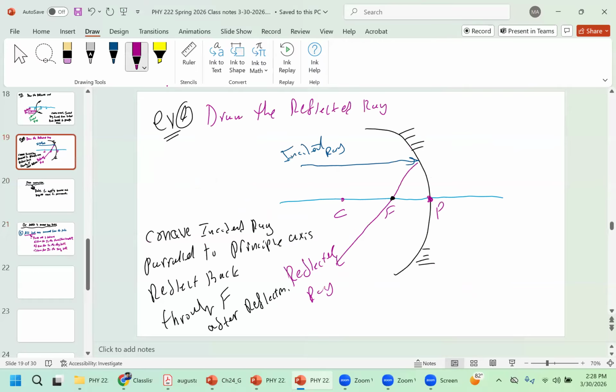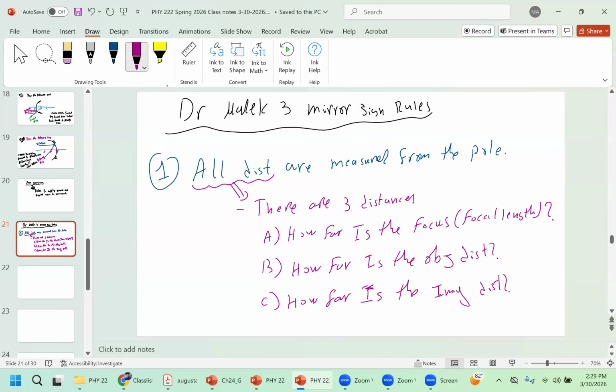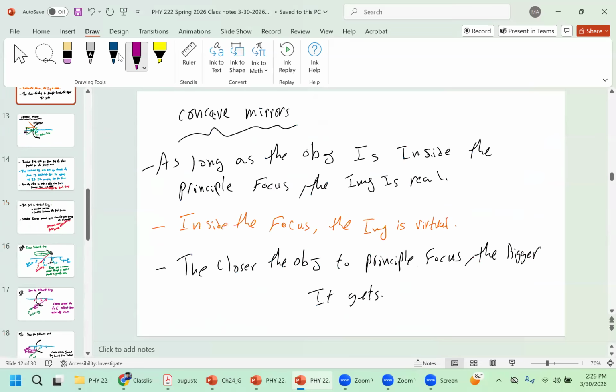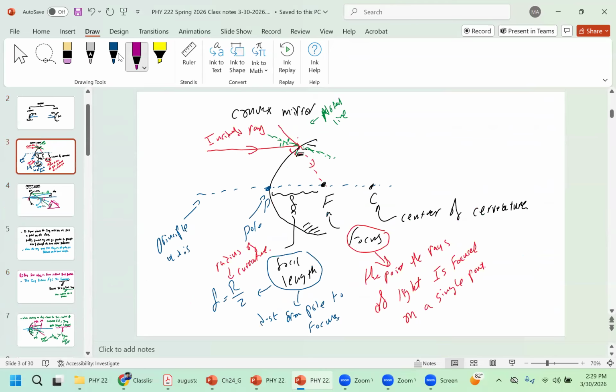Now, I've been saying pole, pole, pole the whole time. What's a pole? When you talk about the pole, you're talking about the center of the mirror. Let me go ahead and write this down.